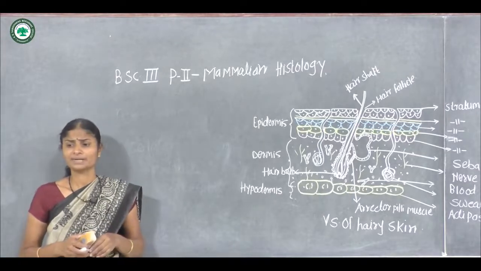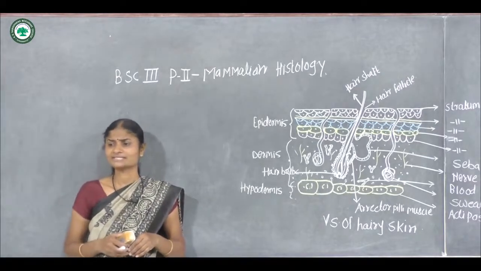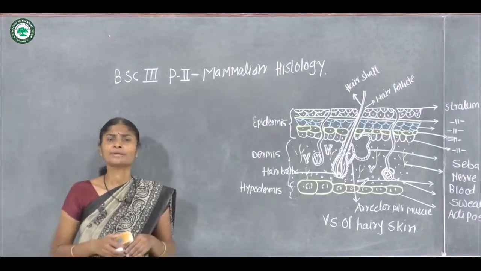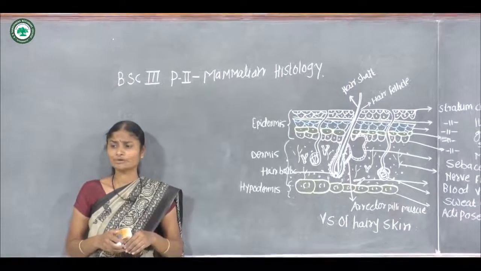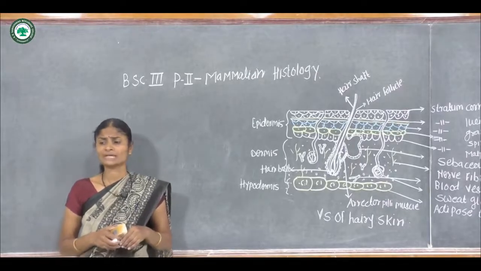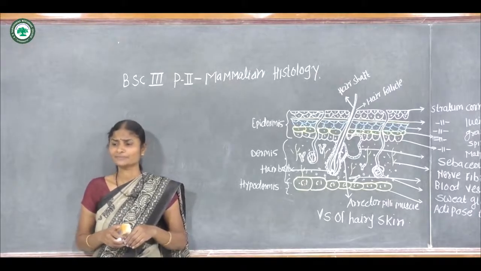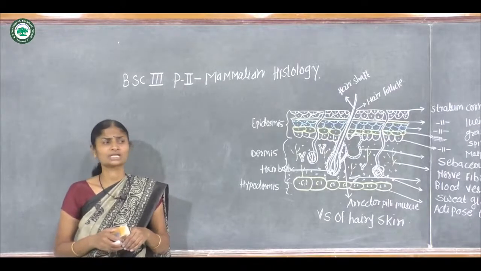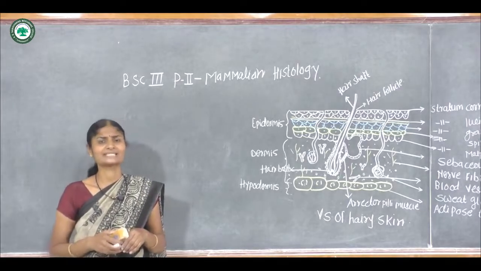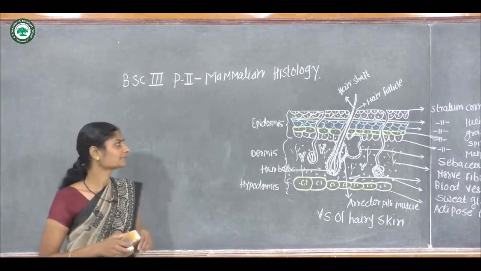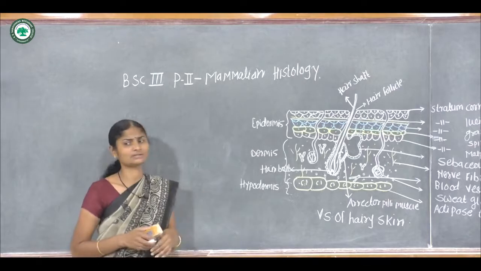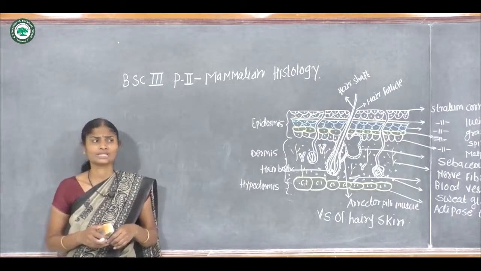The dermis mainly consists of blood vessels, nerves, fibroblasts, as well as sweat glands. This dermis layer is most important for sensation, thermoregulation, and protection.